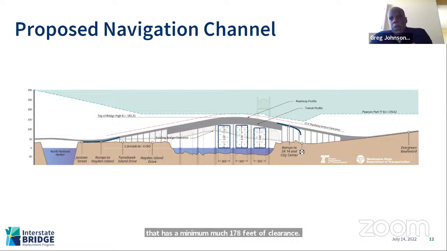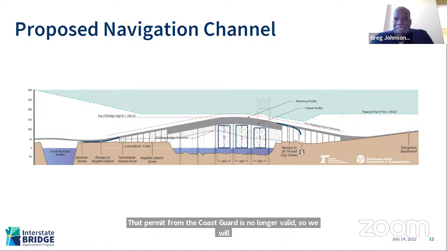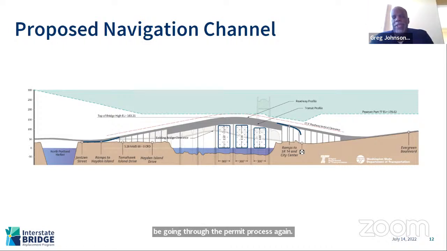We know the last time, during the CRC, we eventually reached 116 feet with some mitigation and other issues that got us to an acceptable permit. That permit from the Coast Guard is no longer valid. So we will be going through the permit process again. This preliminary determination is the first step in the process.